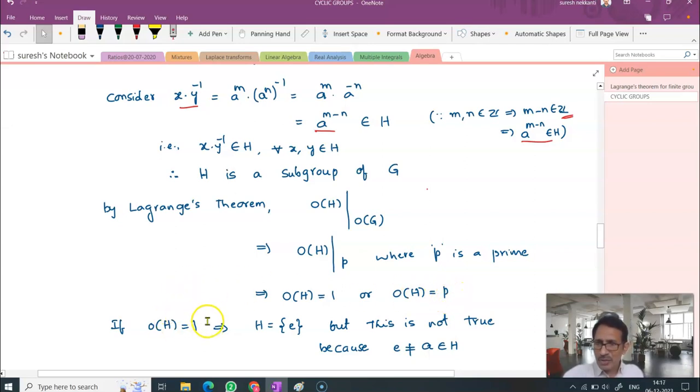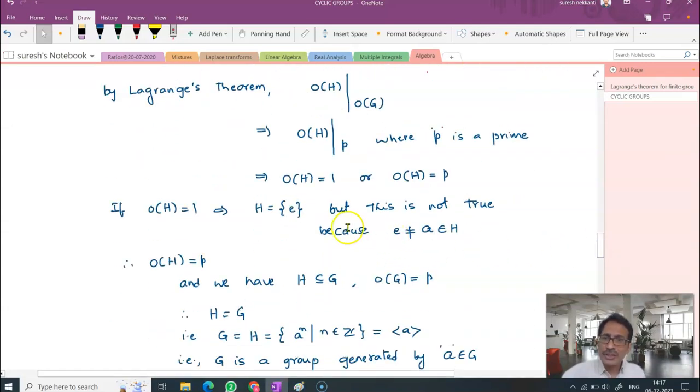But if the order of H is equal to 1, what does it mean? It means that H should contain one and only one element. So a subgroup that contains one and only one element is nothing but the singleton E. But this is not true. Why?